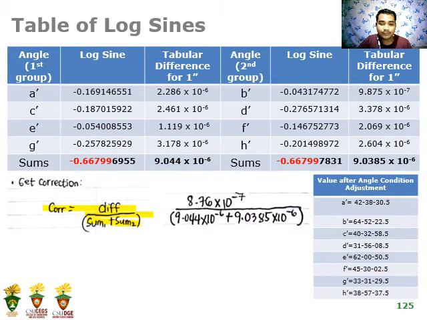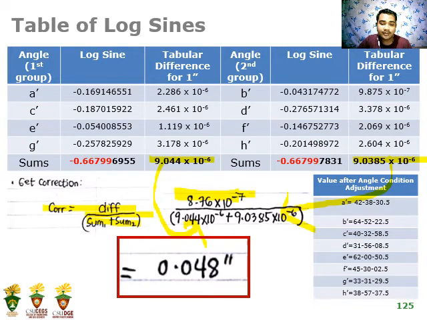Substitute the values: the difference we got earlier is 8.76 times 10 raised to the power of negative 7. Then substitute the sum of 1 here and the sum of 2 here. Then for the correction, we get this value, 0.048 seconds.